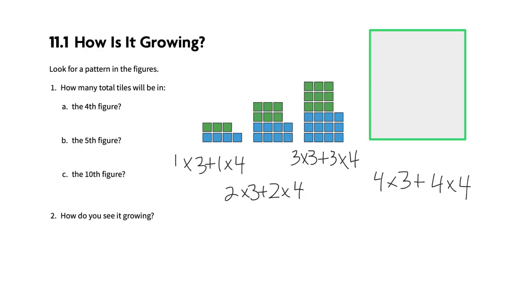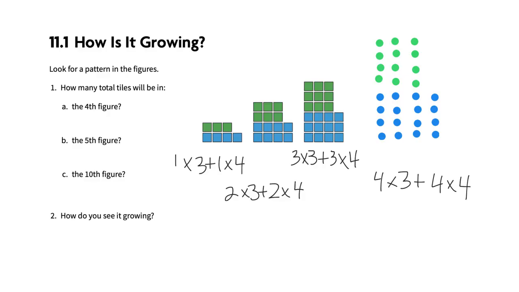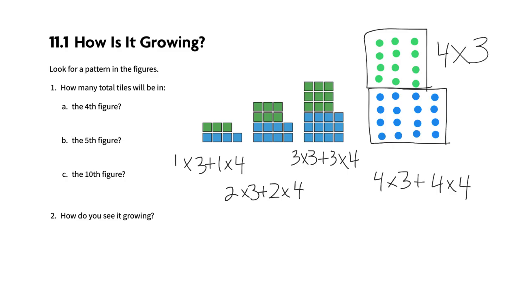Now, if we wanted to test that out, all we have to do is reveal, and there is my kind of lame drawing, but it's showing, here's your 4 copies of 4. Here's your 4 copies of 3. So there's your 4 copies of 3 plus your 4 copies of 4.